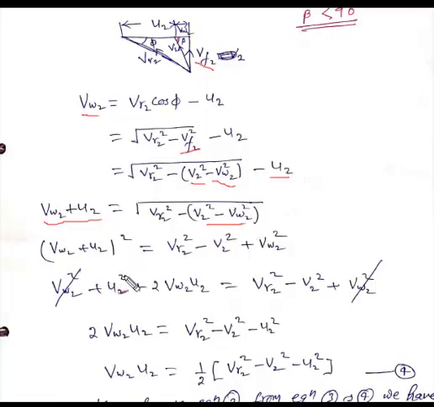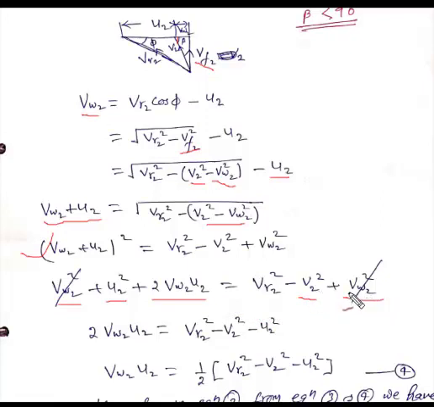Taking the square on both sides we get Vw2 plus U2 whole square is equal to Vr2 square minus V2 square plus Vw2 square. Here by expansion we get Vw2 square plus U2 square plus 2Vw2 into U2 is equal to Vr2 square minus V2 square plus Vw2 square.